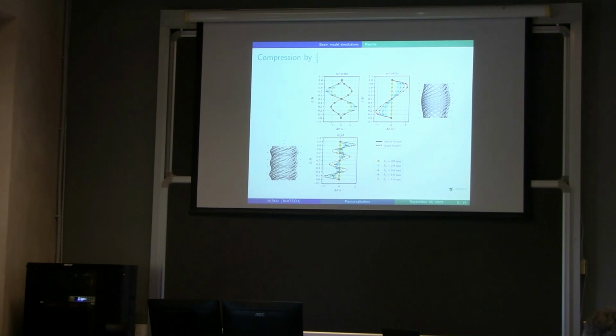So the compression tests look like this. We compressed by about 1/3 of the original height, so you can see here from 0 to 1, this is just the total reference height. We look at the outer and inner beams: the dashed lines are the inner and the solid lines are the outer beams, and we changed the distance between the two layers.